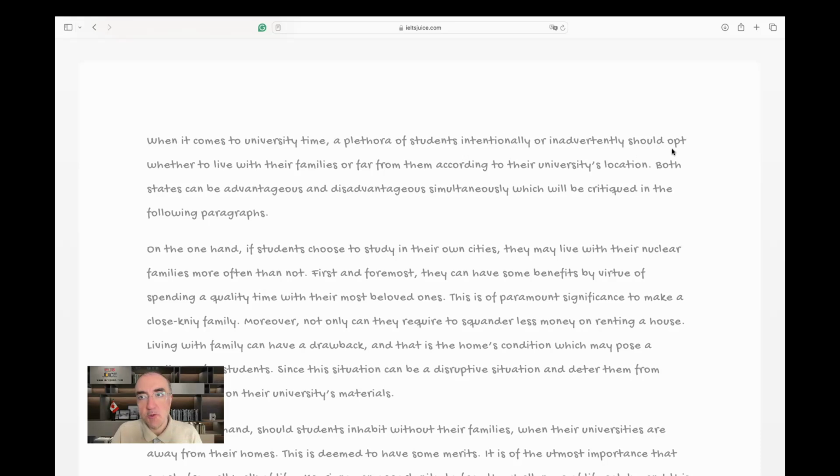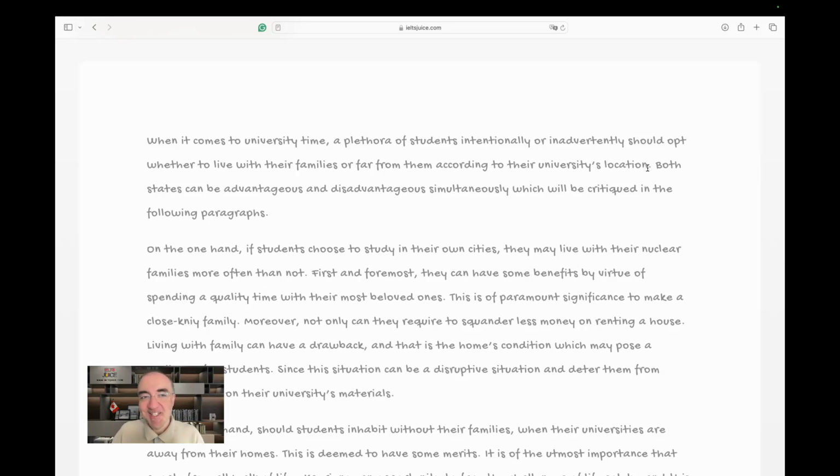So should either opt to live with their families, or, because we're using the structure either or, families, or far from them, or be far from them, according to their university's location. Basically, that is correct. You need to know where your university is located.